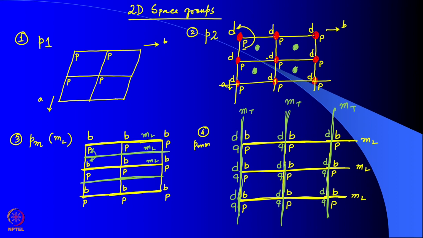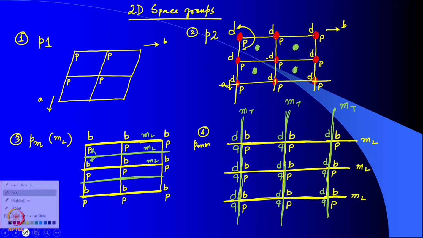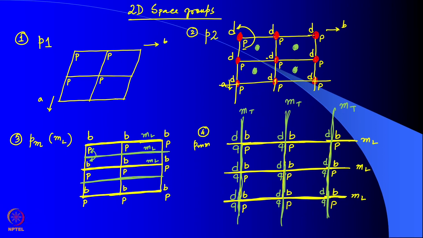So these yellow ones are mirror related by longitudinal mirror, and these green ones are again related by the longitudinal mirrors, but yellow and green are related by transverse mirror.